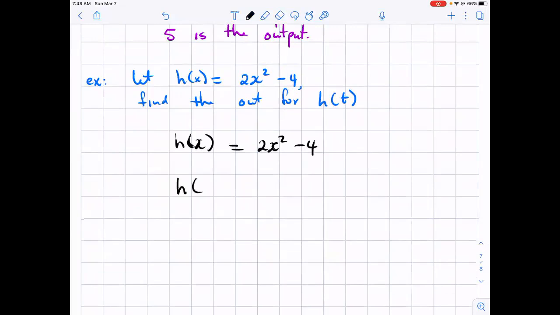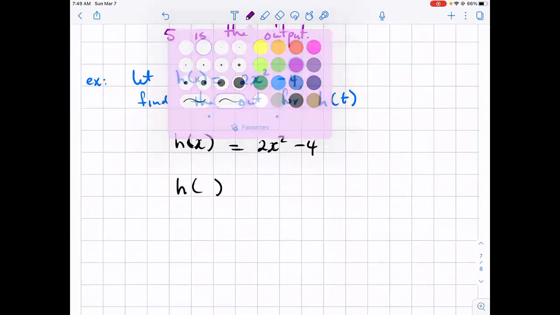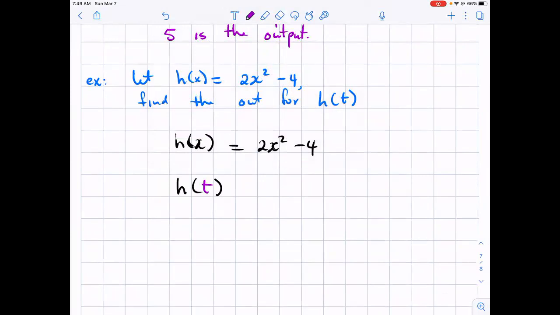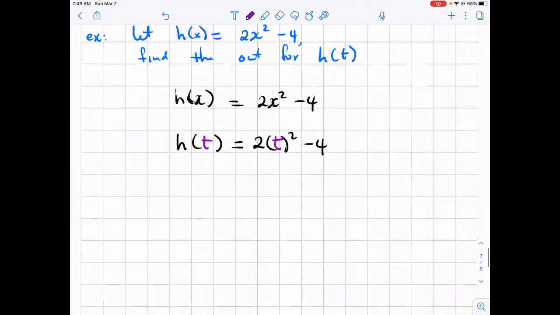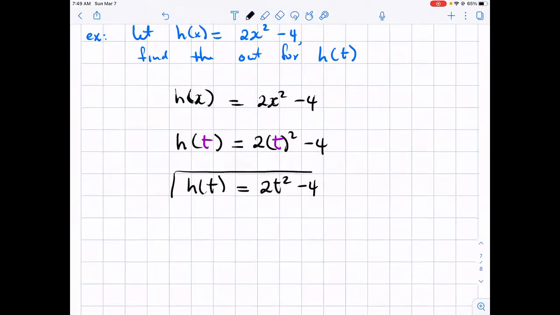Well, now we are replacing x with the letter t. So it means that on the right side, wherever I see x, I will replace it with t. There's no simplification to be done here. So h of t is 2t squared minus 4. And there is our evaluation of when t is plugged into the function.